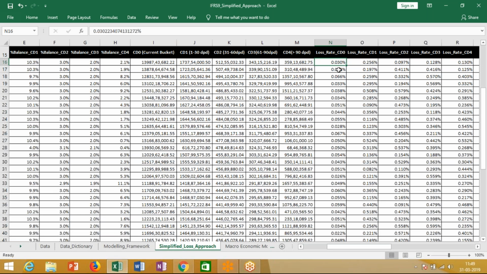From this whole distribution, you can figure out a representative value of the loss rate for this portfolio. So you have the loss rate for CD0, CD1, CD2, CD3, and CD4. For each of these, you can actually plot this graph.